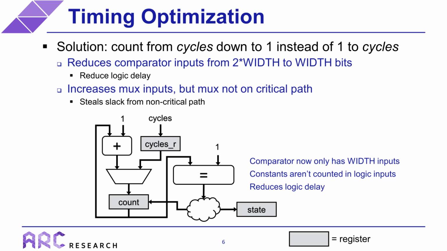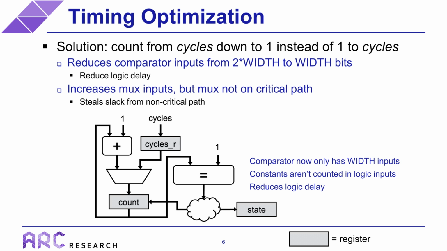It might not be obvious how to do this here, but what we can do is use a different strategy where instead of counting from 1 up to the number of cycles, we can count from the number of cycles down to 1. And the corresponding circuit that uses this strategy is shown at the bottom of the slide. Now, if you look at the updated comparator, you'll see that the number of inputs has been reduced from 2 times width bits down to just width bits.